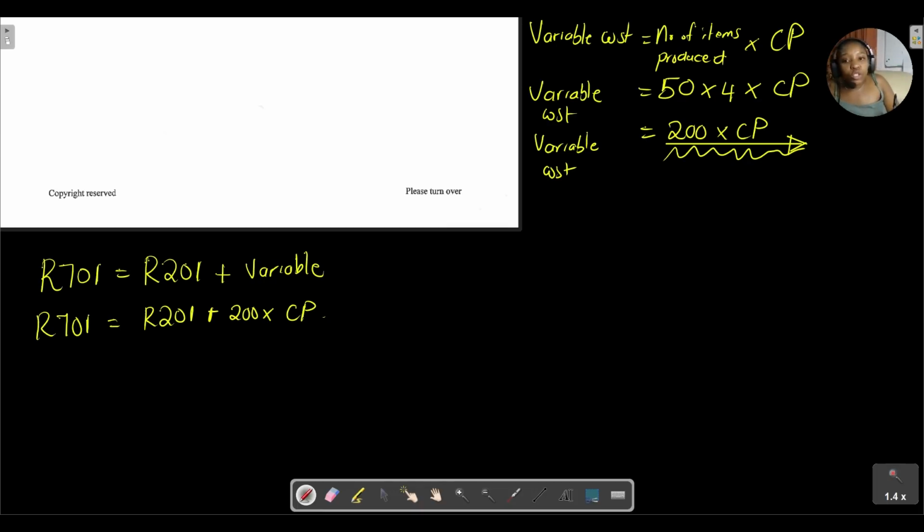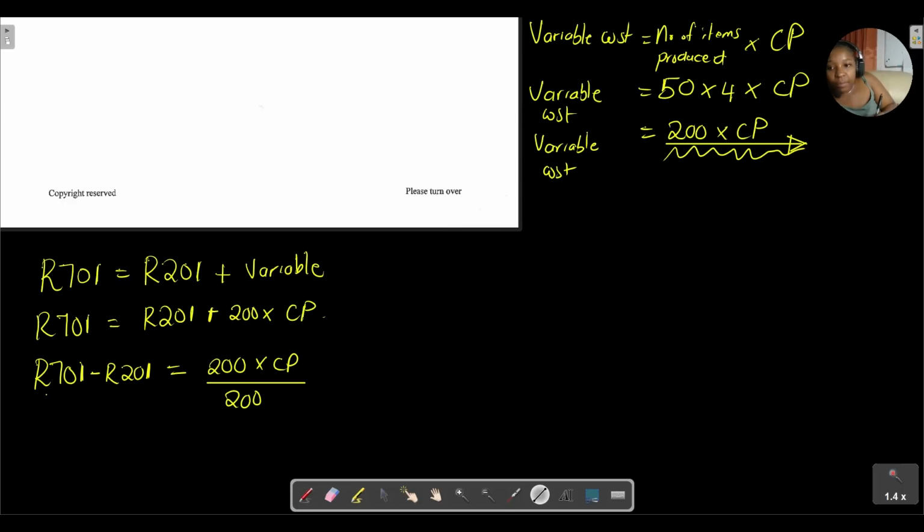Then what do we want to do now? We want to determine the cost price. We want to isolate CP. So we are just going to do our mathematical operations. We're going to take 701 minus 201 is equal to 200 multiplied by CP. Then we want to isolate the CP, so we're going to divide by 200.